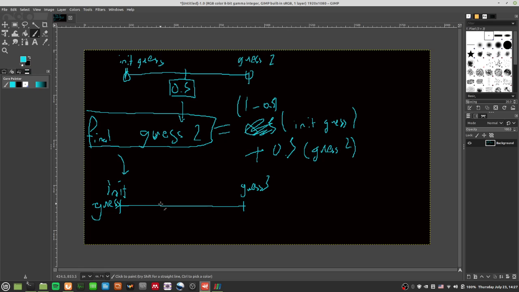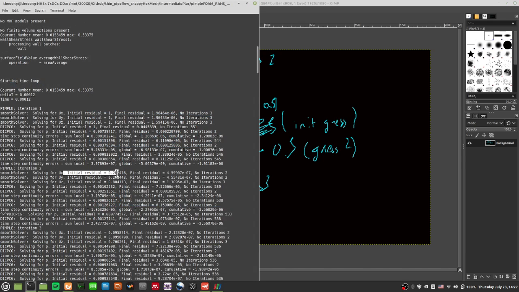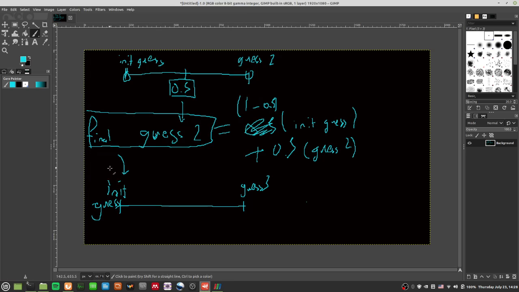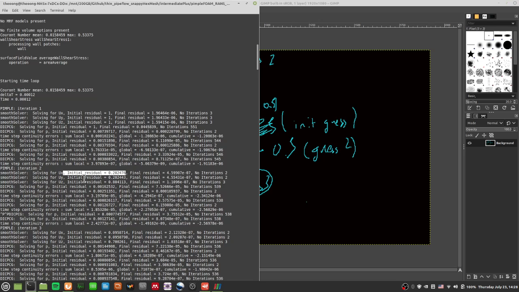Again, after some iterations, you'll figure out your residuals, and you can see the initial residual, how far this final guess 2, so to speak, is different from the third guess. That is actually about 0.2.